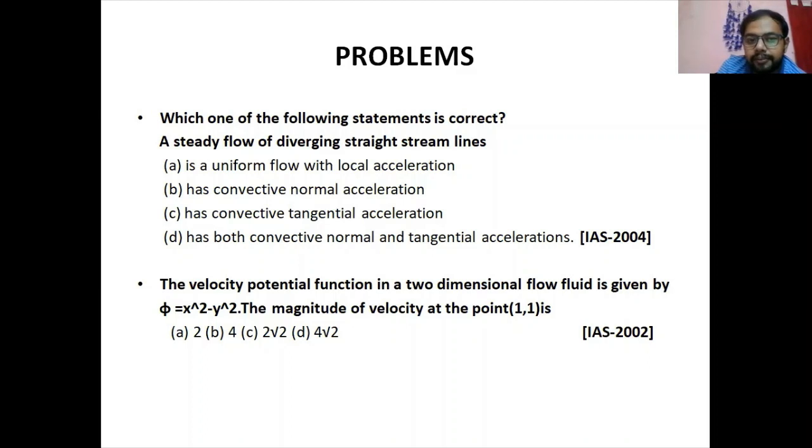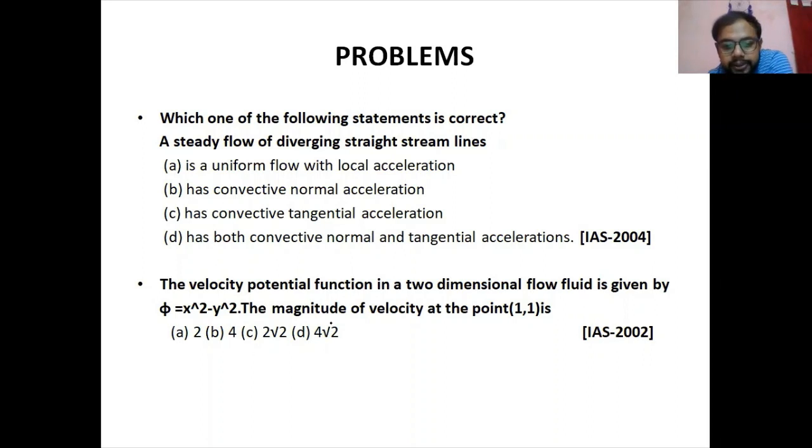The steady flow, diverging streamlines. So the flow is steady, but it is not uniform. It is not a uniform flow because it's a divergent streamline, so along the x-axis it is varying. This idea will give you the answer.